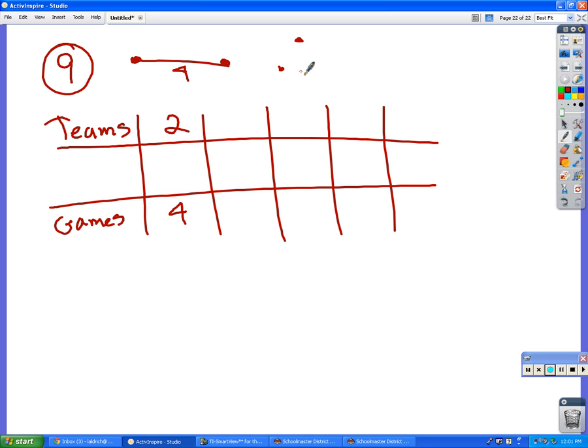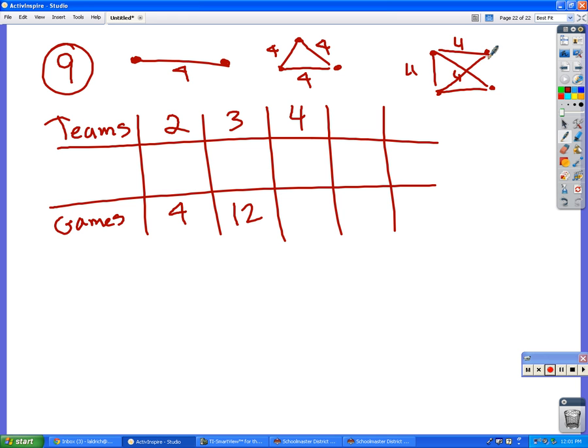So now I'm going to have 3 teams. So these people play each other 4 times, these people play each other 4 times, they play each other 4 times. So how many games will there be altogether? 12. And if I have 4 teams, well, these all have to play, this guy's got to play everybody 4 times, right?